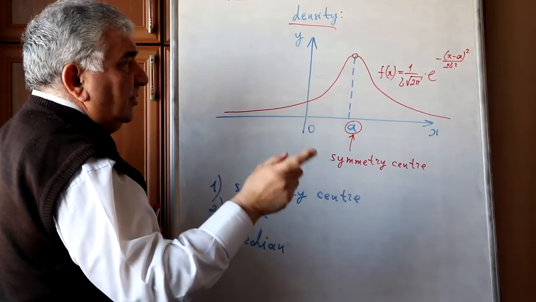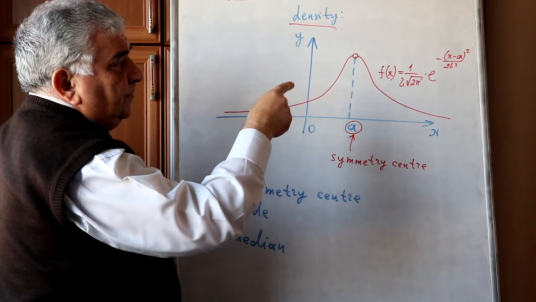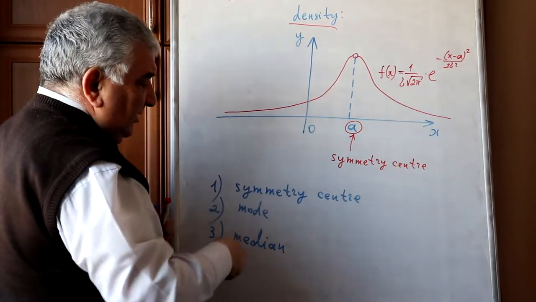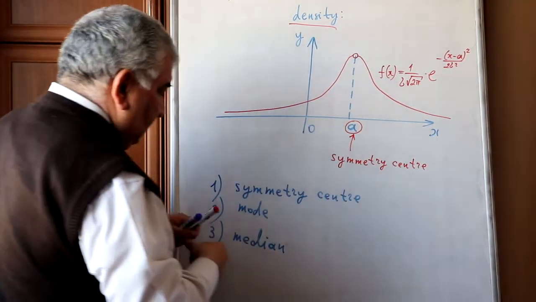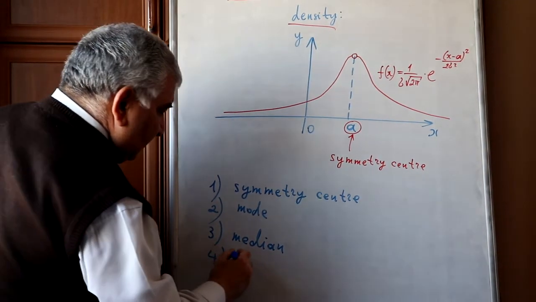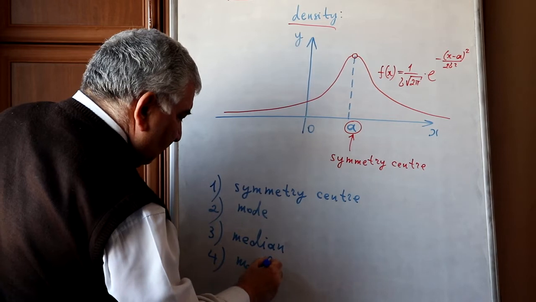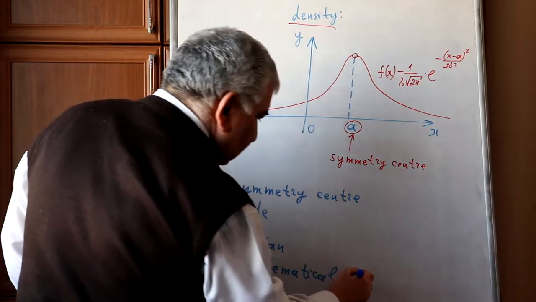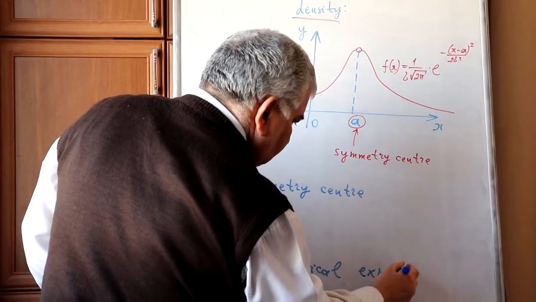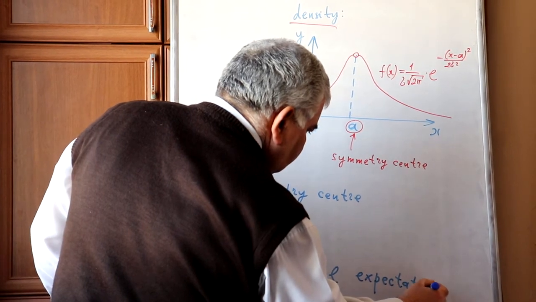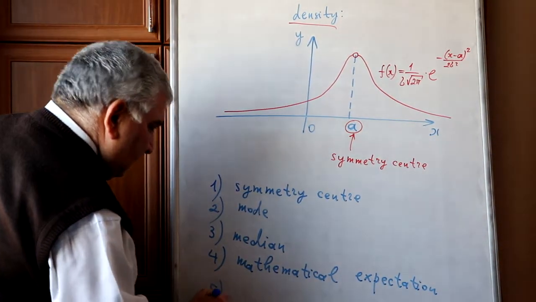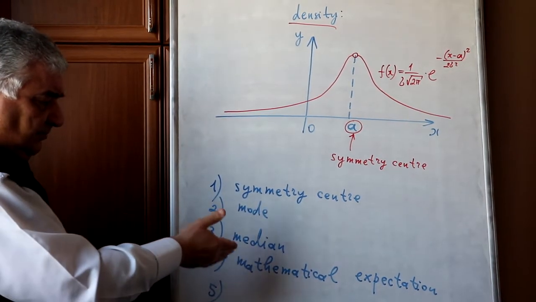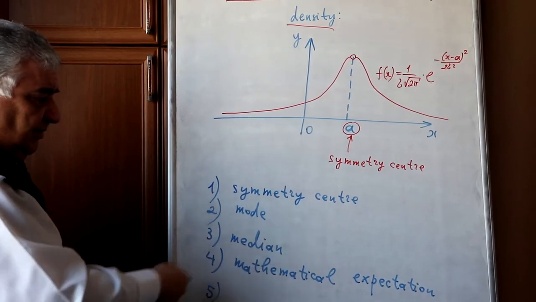the median is equal to the symmetry center. Median. Then also, you know that the mathematical expectation of the continuous random variable with the normal distributed density is equal to the symmetry center. It is also the mathematical expectation. Then, remember all similar terms for mathematical expectation.